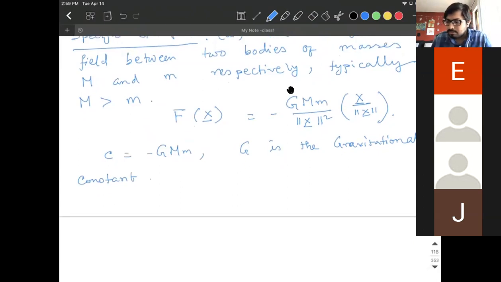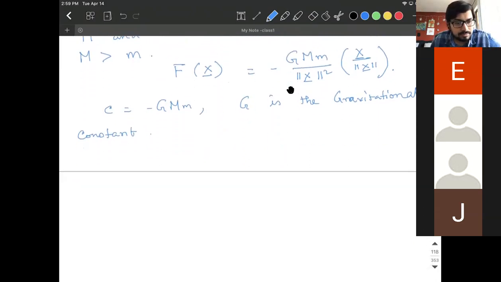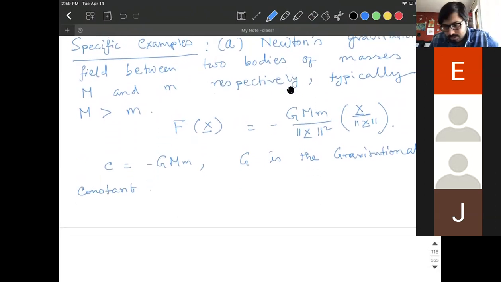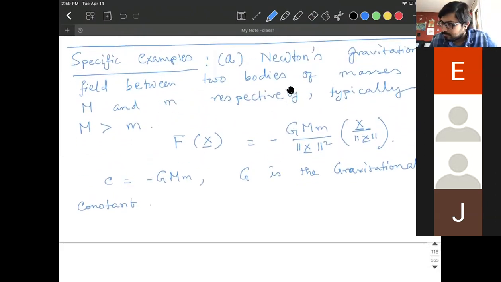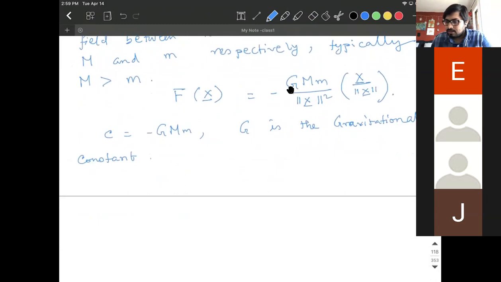Okay, so this is an example of an attractive vector field and perhaps Newton's best work. This is where Newton's greatness lies, that it's not just that the gravitational force attracts a body. That's an everyday occurrence, right? That an apple falls from the tree to the ground or whatever. If you let something fly, it comes down. And that observation can be made by more or less intelligent people.